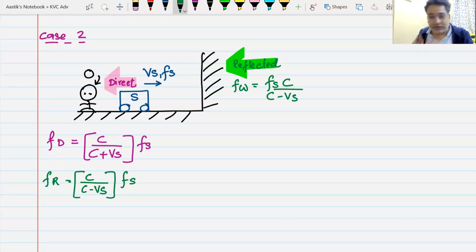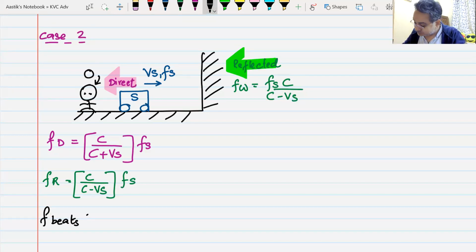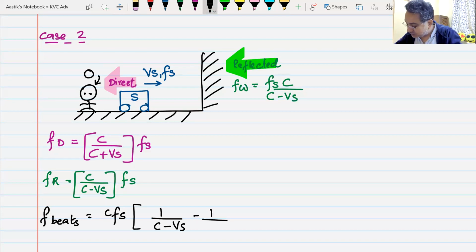So he will actually hear beats. You can find out the frequency of those beats. The frequency of the beats will be C into Fs taken common, 1 by (C minus Vs) minus 1 by (C plus Vs). Do we understand what I'm writing here?